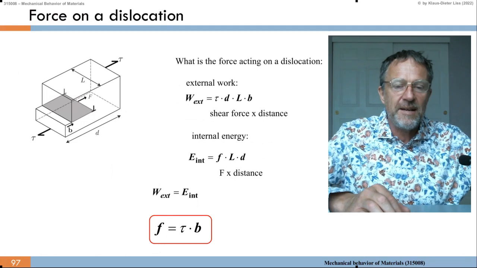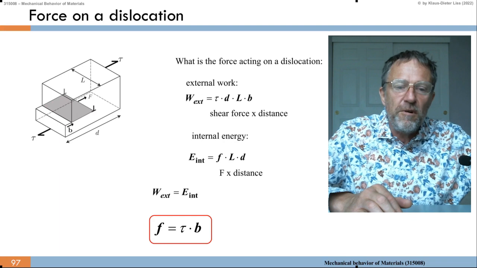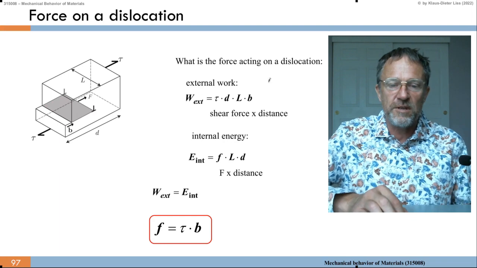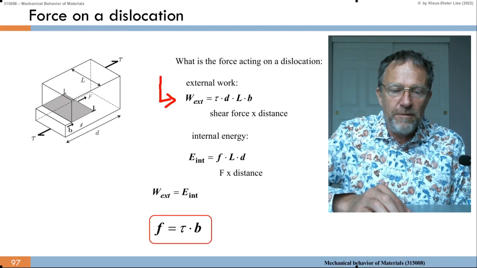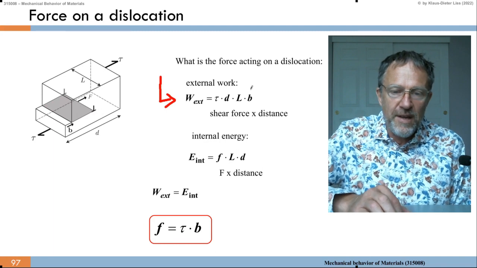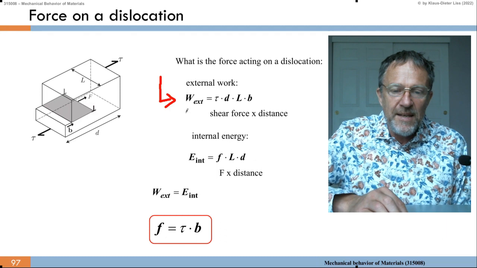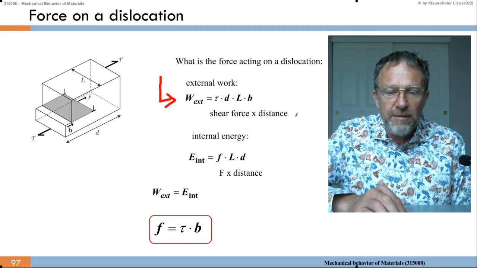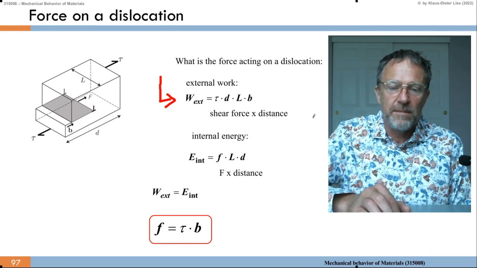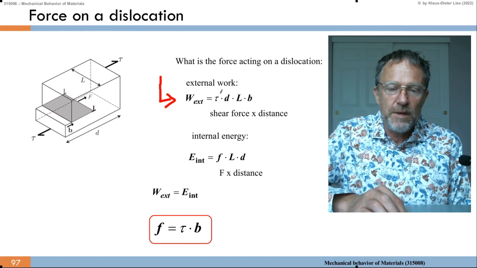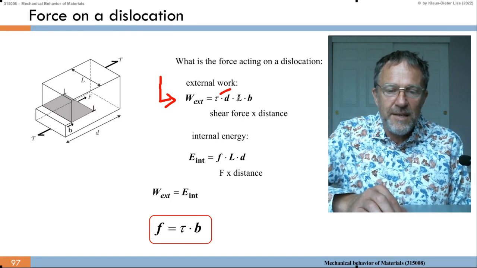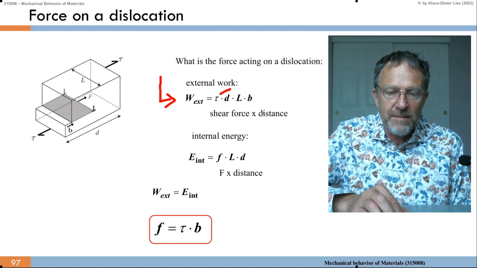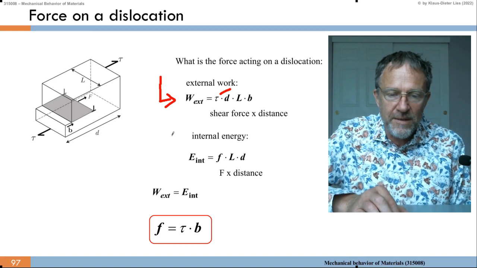Right, so this brings us now to the force of a dislocation. What is the force on the dislocation? We have the external work. If we now look here to the edge dislocation, the external work is a shear force times the distance. So we have here the shear times distance, Burgers vectors.